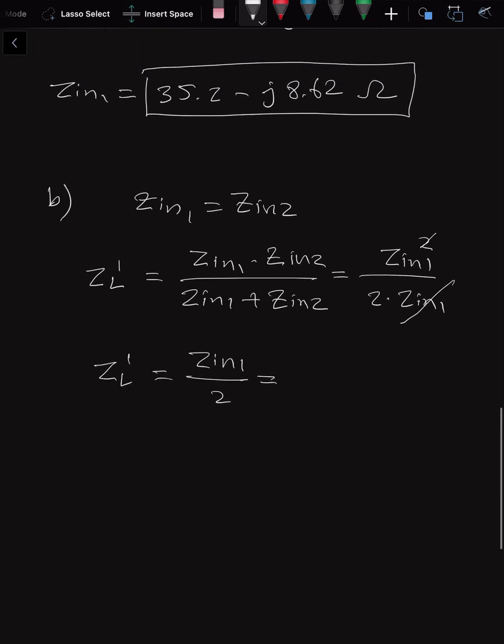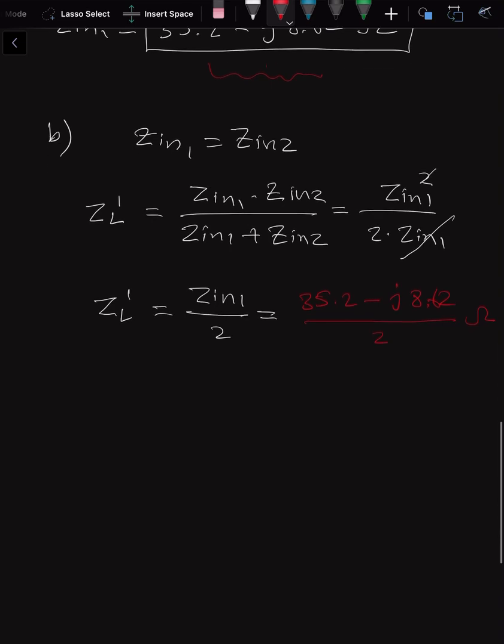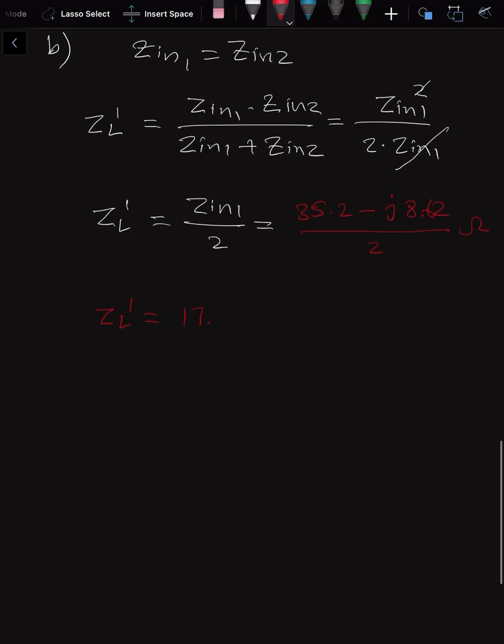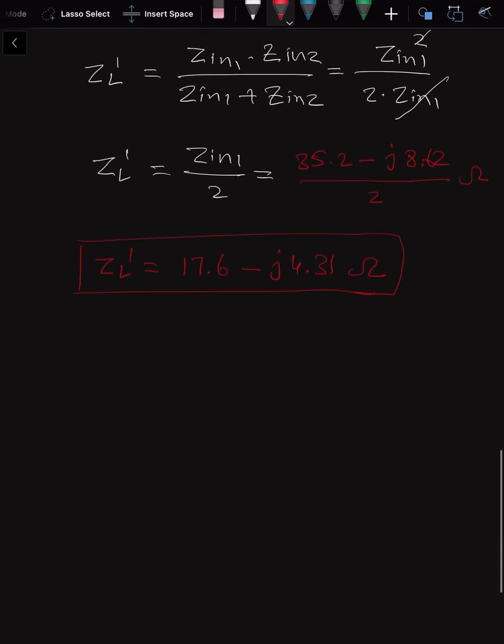We already had Zin1 calculated. Plugging in (35.2 minus j8.62) over 2 ohms, ZL' equals 17.6 minus j4.31 ohms. So this is the parallel combination of Zin1 and Zin2.